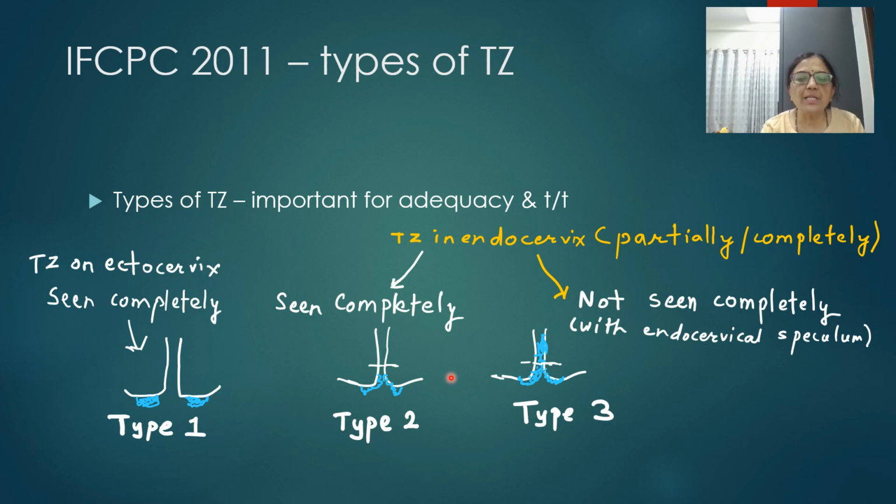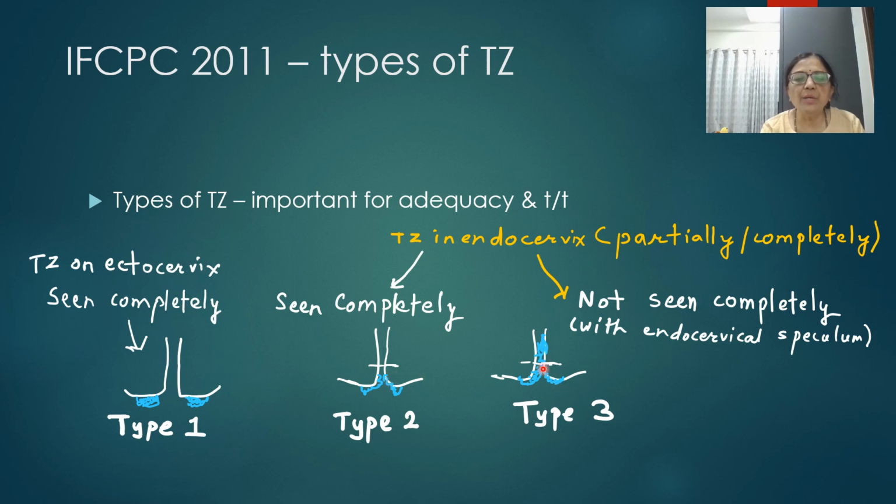Significance of dividing this transformation zone in three types is that it is important especially about adequacy, whether the colposcopy is adequate or not, to comment on that, as well as from the treatment point of view. Whenever we want to treat, the area which is nearest the external os or which is at the advancing squamocolumnar junction, because here the possibility of having a severe CIN will be maximum.